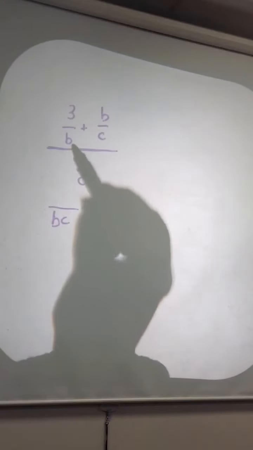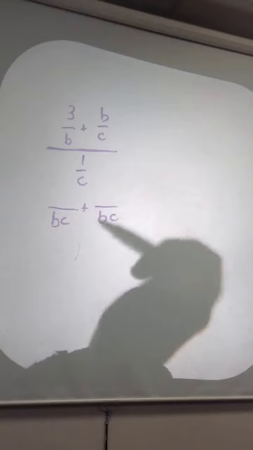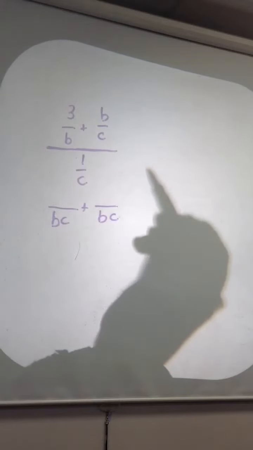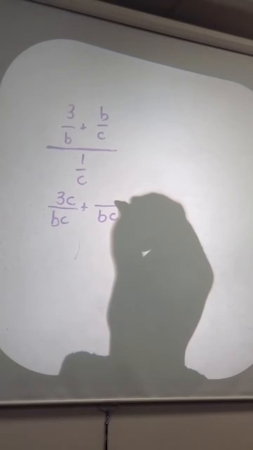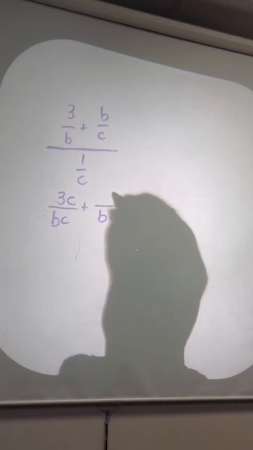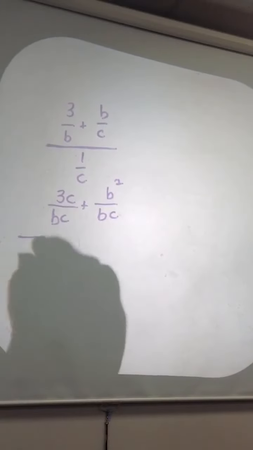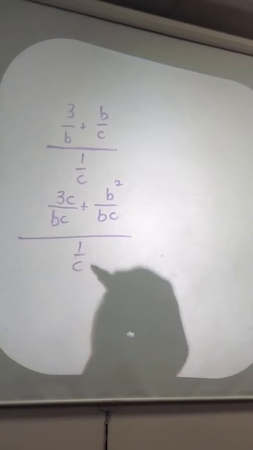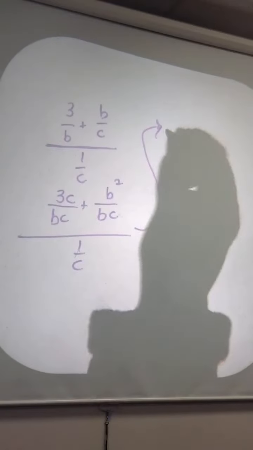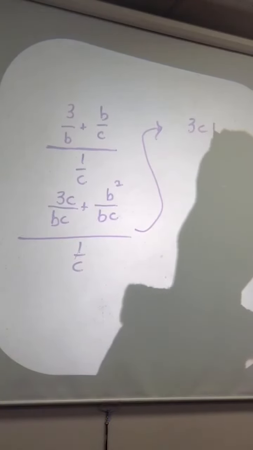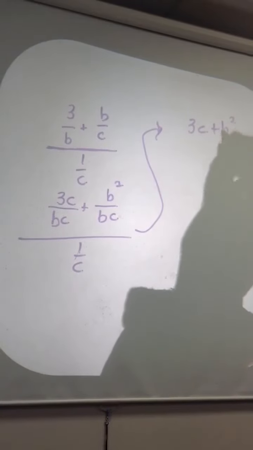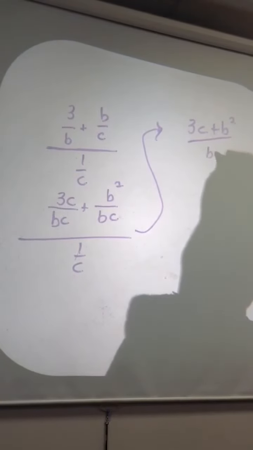All right, so if we are going to change this B to BC, what have we done? 3C. 3C, that's right. And what are we going to have over here? B squared. B squared, okay? Over 1 plus C, or over 1C. All right, so now then, we would have 3C plus B squared over BC, right?